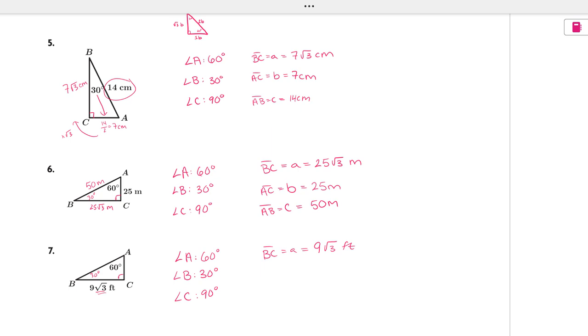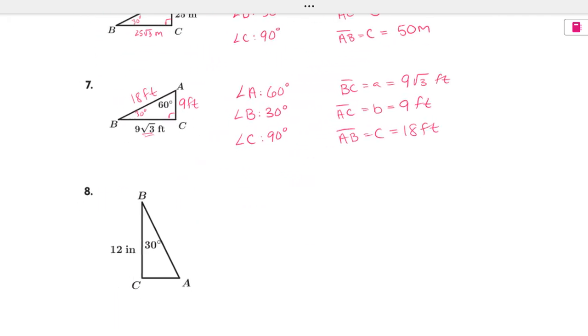Since we already have the root 3 on it, it means the side across from our 30-degree angle must just be 9 feet. So AC, or side B for short, is 9 feet. And then the hypotenuse is always double that side that's across from the 30. So AB, right, side C, is double 9, which is 18 feet. So 18 feet.